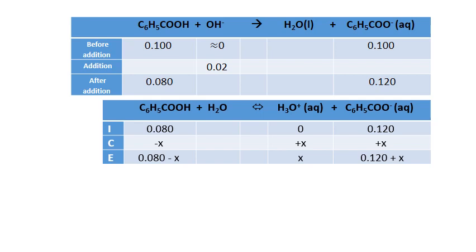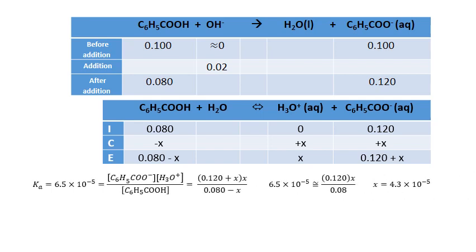Often the previous table is called a stoichiometric table, where you're just figuring out how much of each you have. That becomes the input for a new ice table. Okay, and then we do the minus x and plus x and plus x and add them up. And we treat it just the same as the calculations we've been doing for a long time. But guess what?